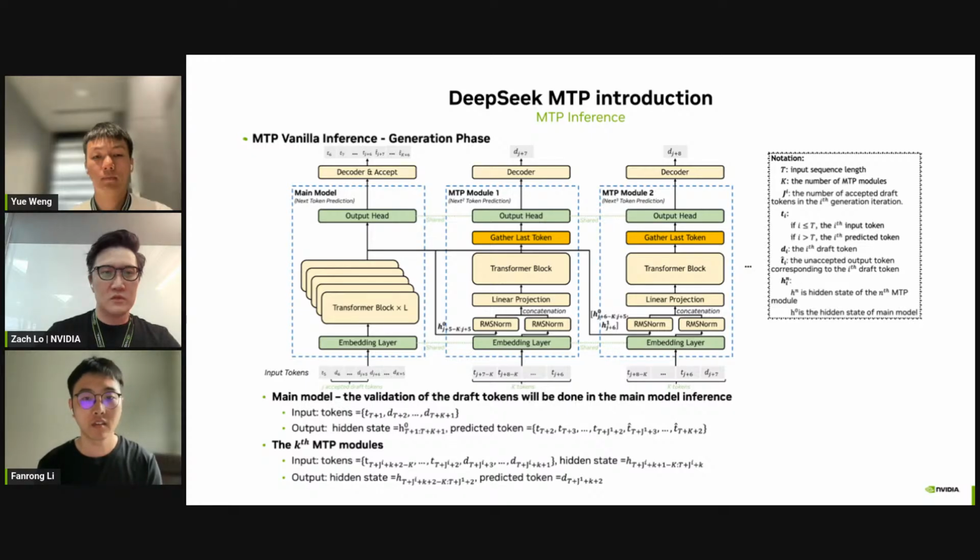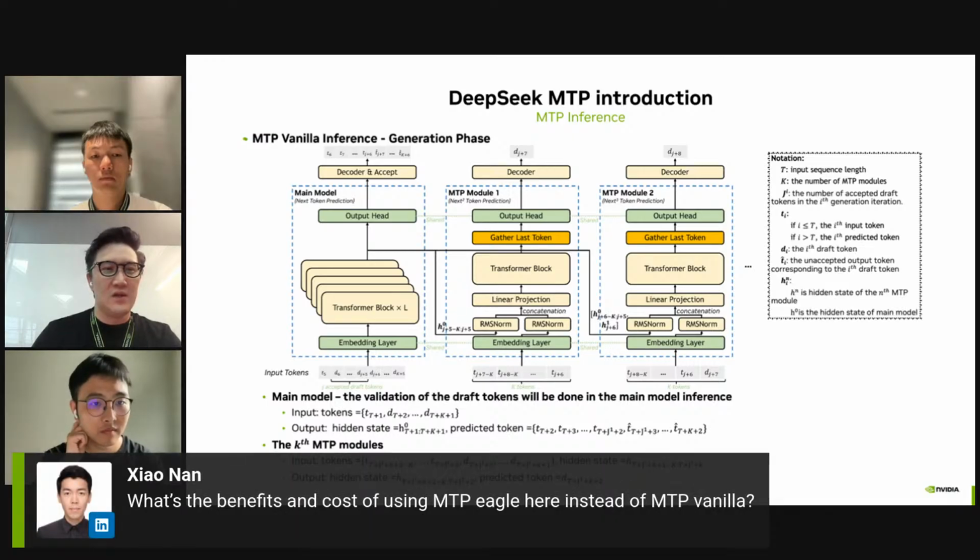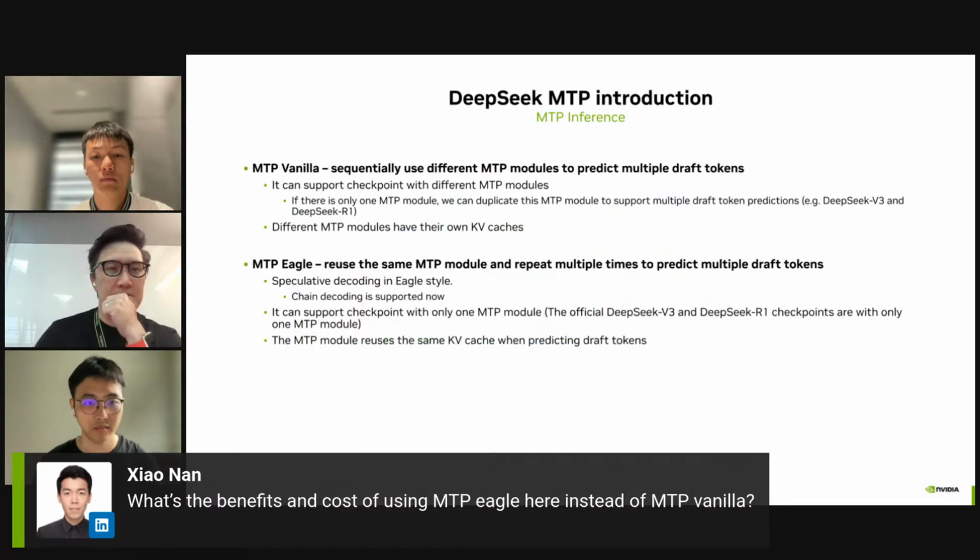There are two questions. One question is, what are the benefits and costs of using MTP Eagle instead of MTP vanilla? You may have answered this. Okay, let's go back to this slide.